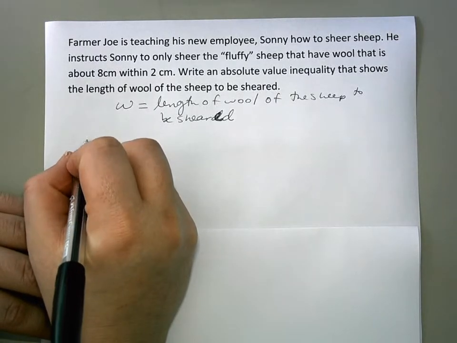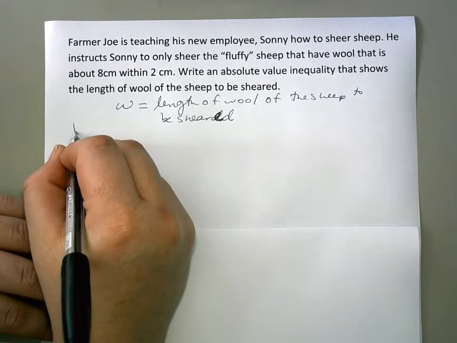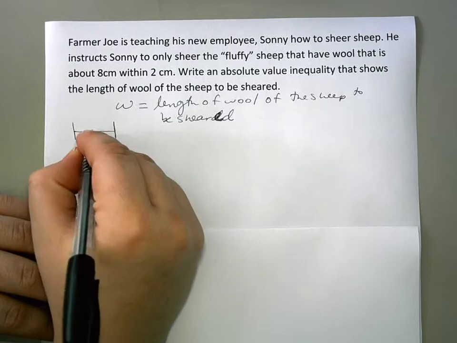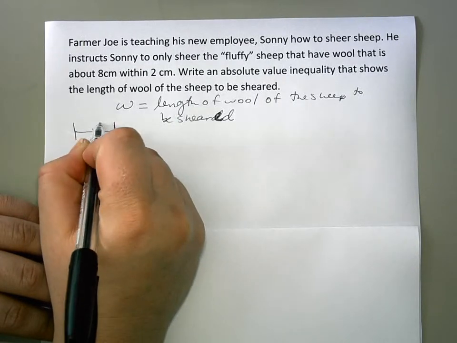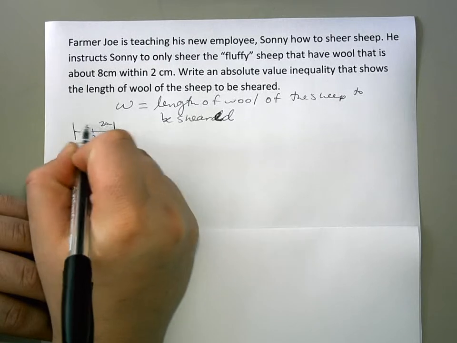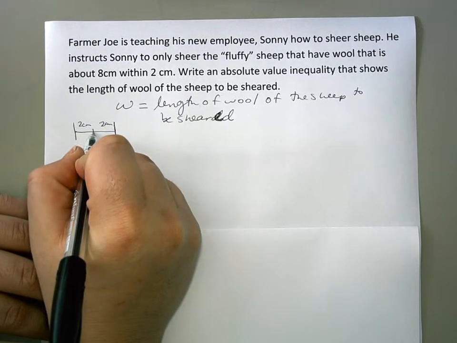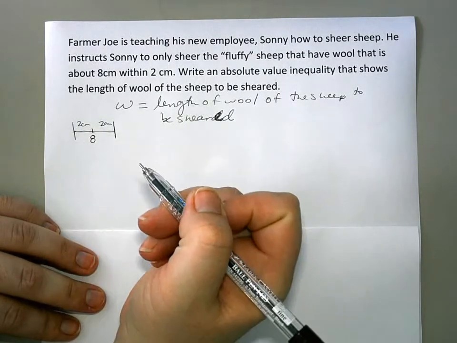Okay, now what we are going to look at here is basically the situation. If we could draw a number line that represented all of the sheep, the length, we're going to be looking at 2 centimeters above and 2 centimeters below.